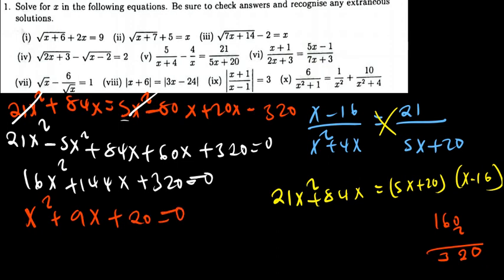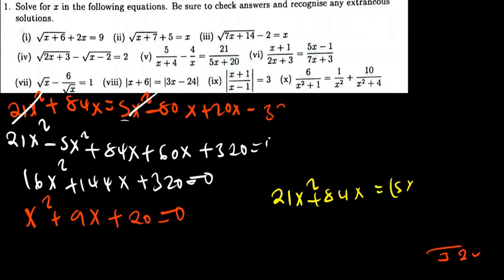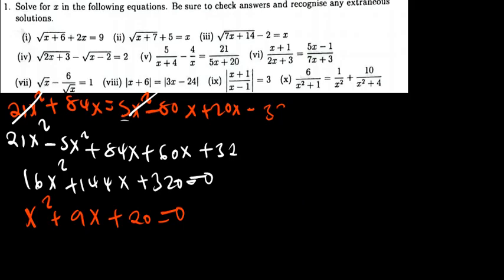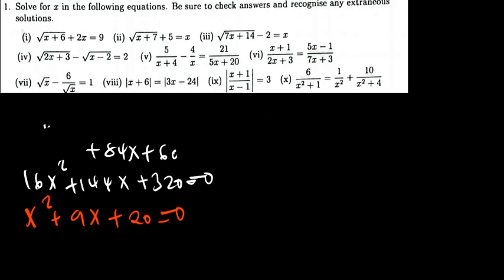I've reduced this now into this simple equation. So my equation now is x squared plus 9x plus 20 is equal to 0.